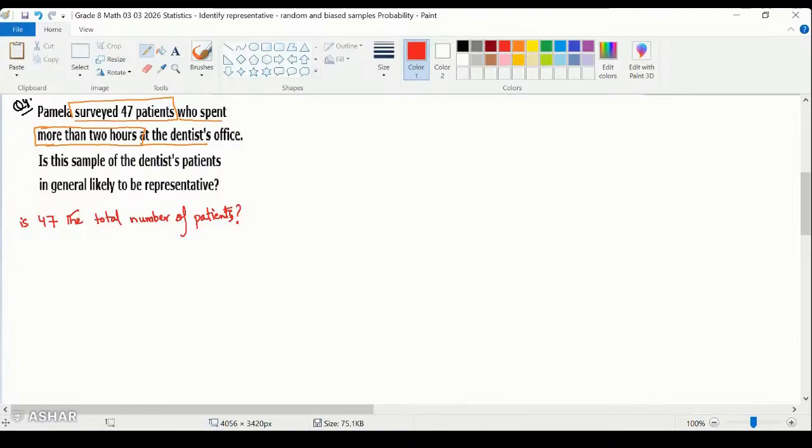So in general, in this sample, we can say there can be more patients, right? That means, is this sample of the dentist's patients representative?